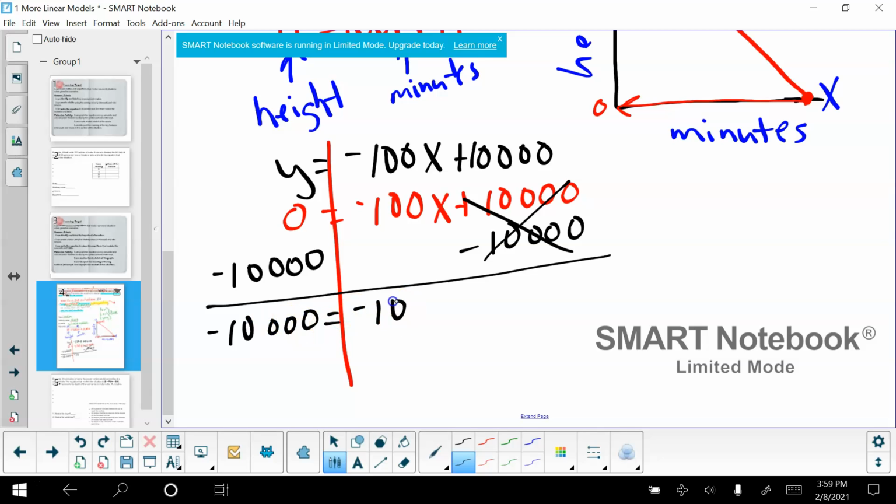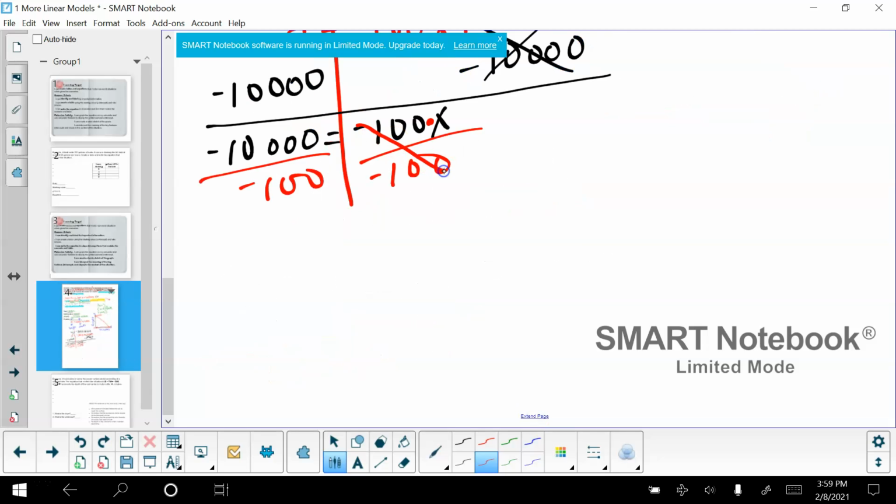And then I have equals negative 100x. And now I need to get rid of the negative 100. And let's just remember, if there's nothing in between the number and the letter, that's the same as a multiplication symbol. So the opposite of multiplication is division. So I'm going to be dividing both sides by negative 100. I'm going to bring down my x.